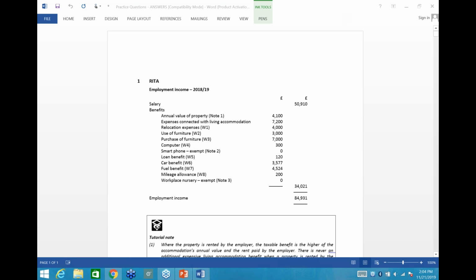So Rita, who is employed as a fashion designer for Daring Designs Limited, was relocated from London to Manchester on 6th of April 2018. So she has been transferred from one office to another office.